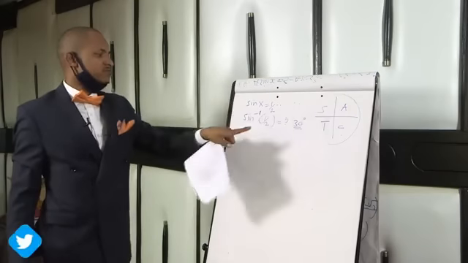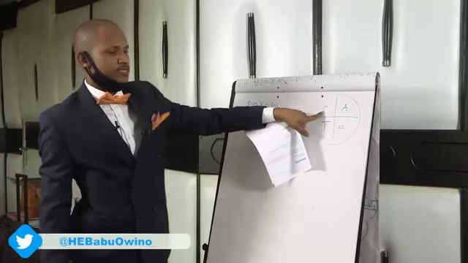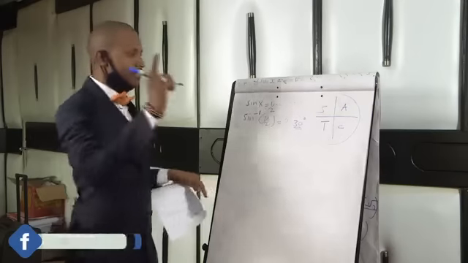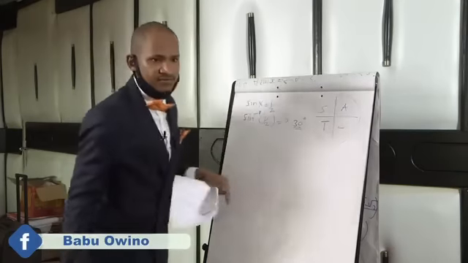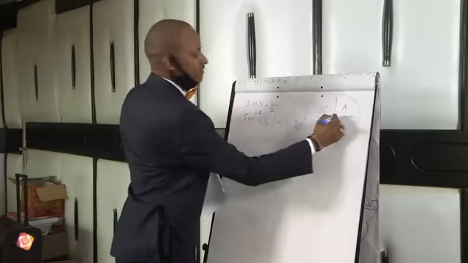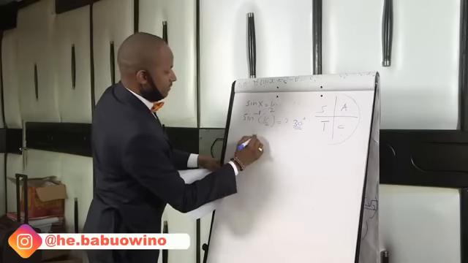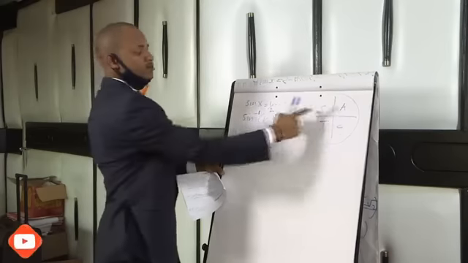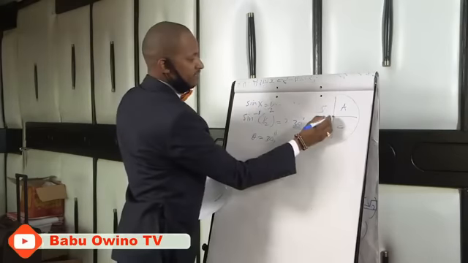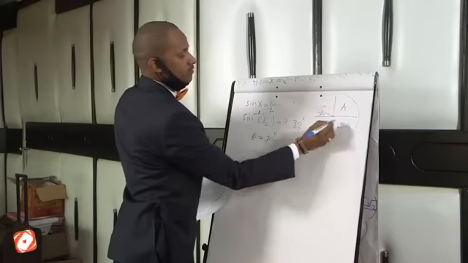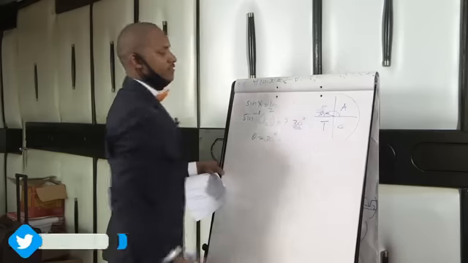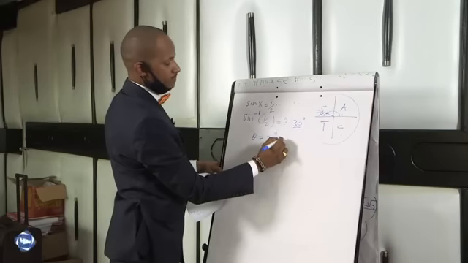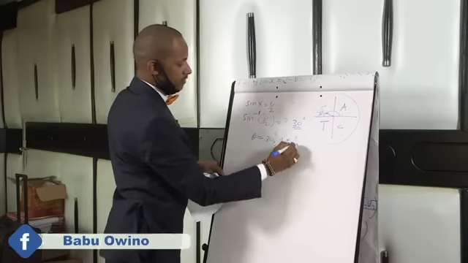When it's positive, sine is in the first quadrant and in the second quadrant only, but it's negative here and negative here. Therefore, in the first quadrant, theta equals 30 degrees. But in the second quadrant, if we have our 30 degrees here, what will be the remaining angle? It is 180 minus 30, which is 150 degrees.